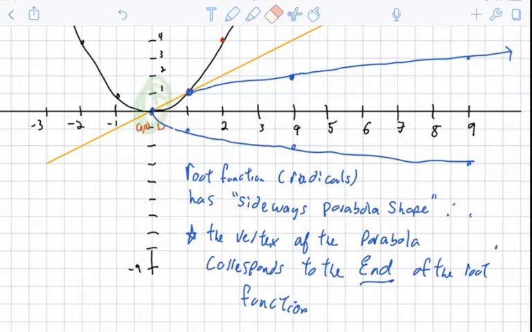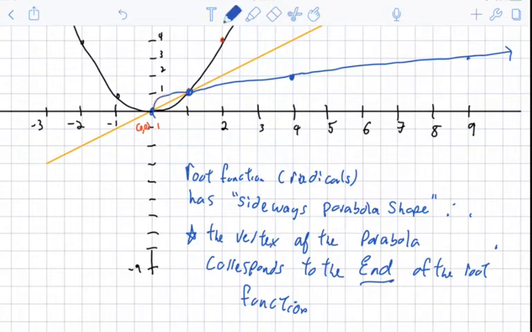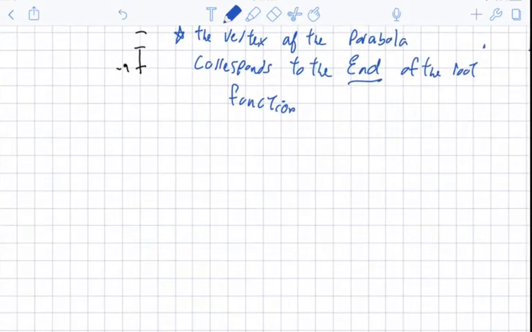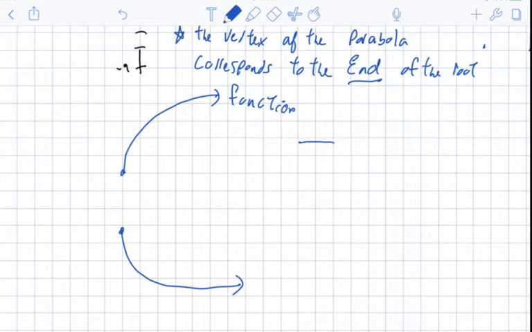That means that when I take my root function based on this, it's going to have an endpoint like that. Or it's going to meet a cusp. Okay? And so root functions are generally shaped like that, or they'll be shaped like this, the bottom half of the parabola, or they could be mirroring different parabolas. You can get a shape like that, or a shape like this.